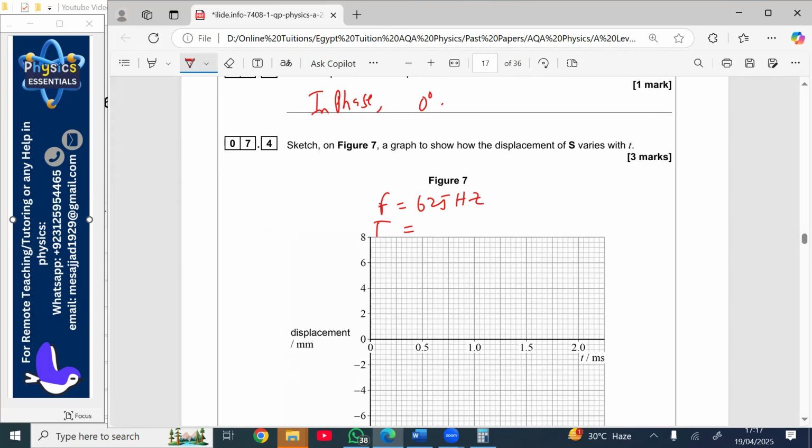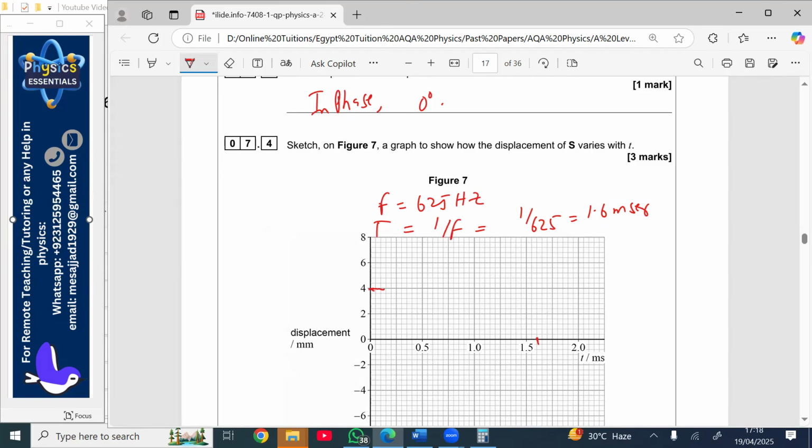The period is 1 over f, which is 1 over 625, and that is 1.6 milliseconds. So 1.6 milliseconds is somewhere here, and from here the wave is going down.